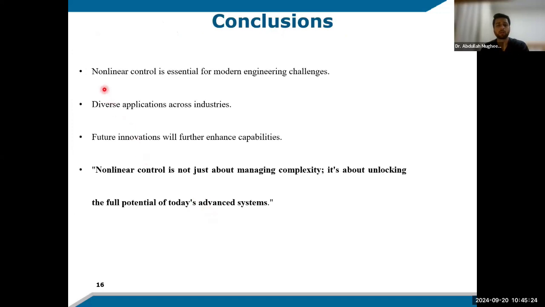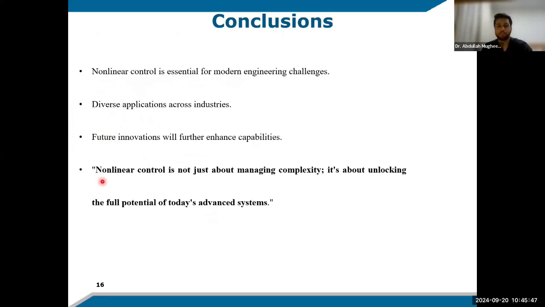So to conclude the presentation, nonlinear control is essential for modern engineering challenges, okay? It is not just something you can use; it is an essential part. If you want your system to be really good, you need nonlinear control. It is used in a lot of different kinds of industries, while future innovation will further enhance the capabilities of this nonlinear control domain.